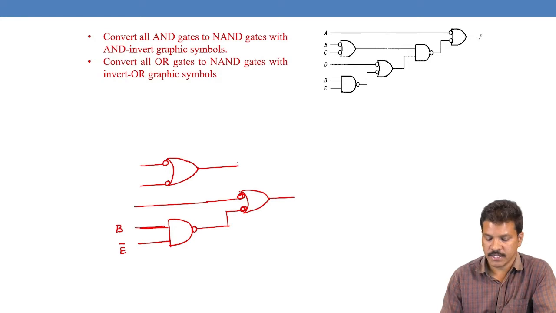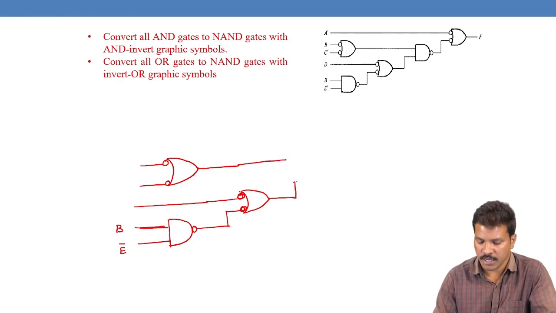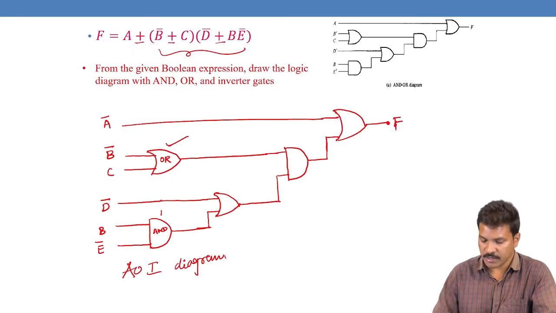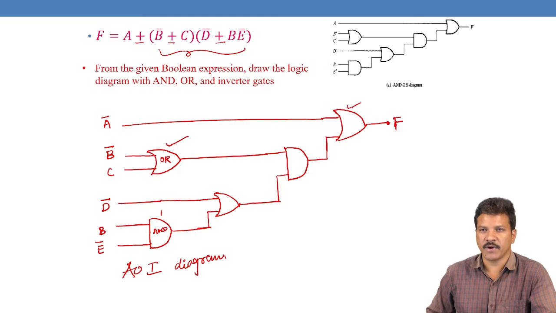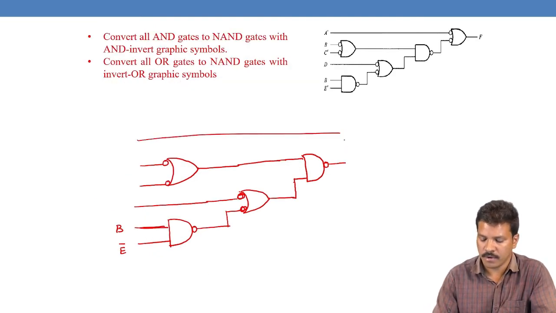And this output is multiplied with this output, but here we can use that AND gate as a NAND gate, AND with bubble, and finally it is an OR gate, so we can convert that OR gate into a bubbled OR gate, that A variable with the bubbled OR gate.